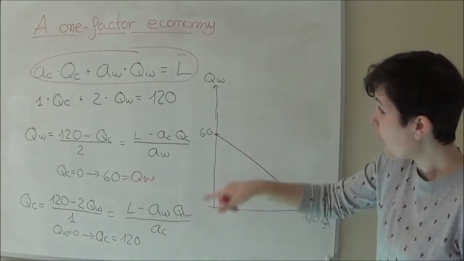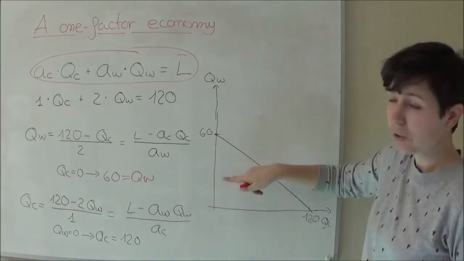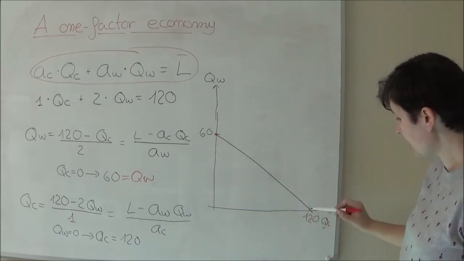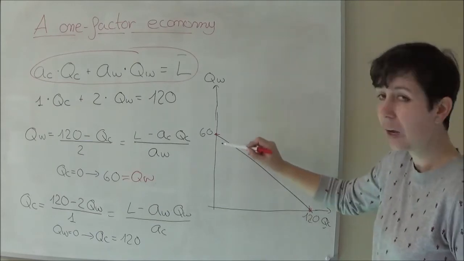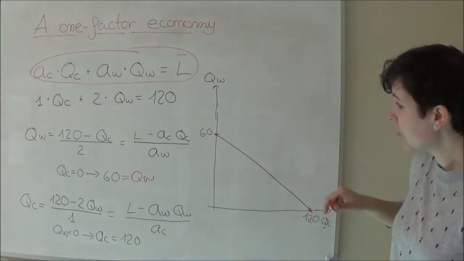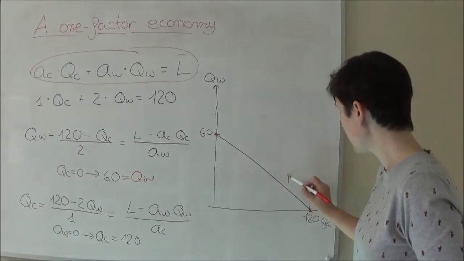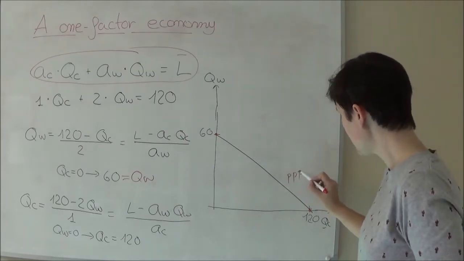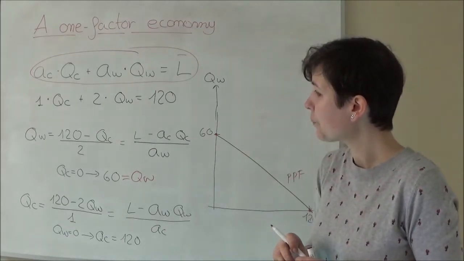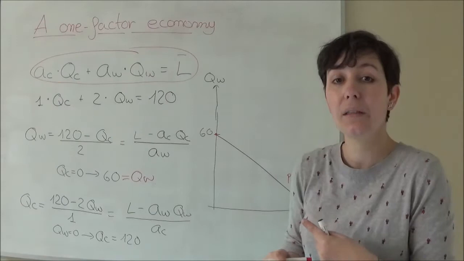So if wine is 0, wine is on the vertical axis, so 0 is here. The other one is 120, this value. And with these 2 values, now I can make the whole line, okay? So now we have the PPF, it is this one.